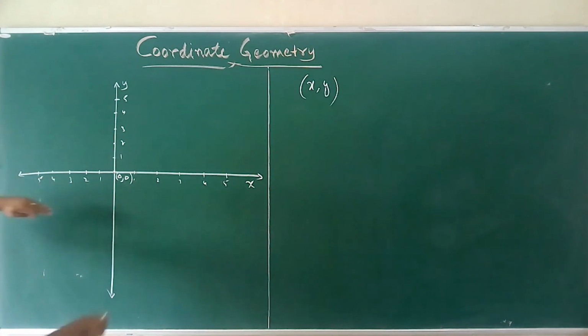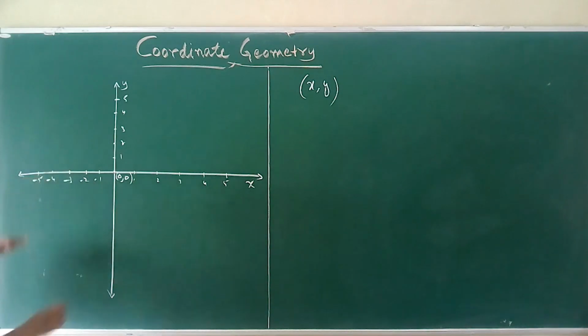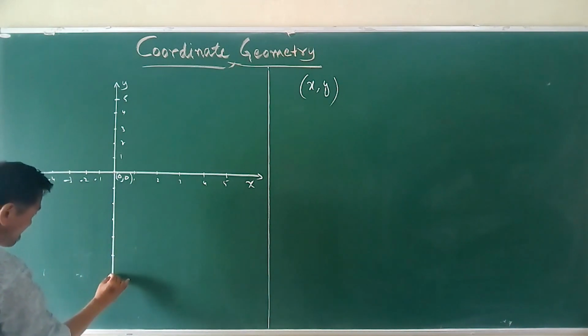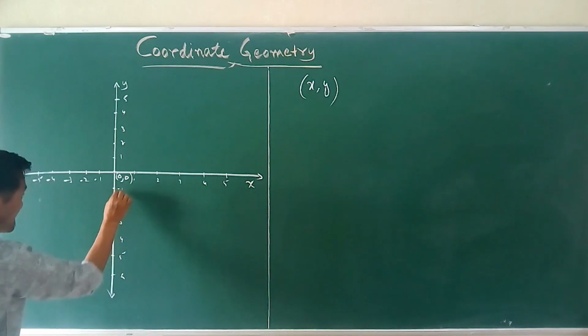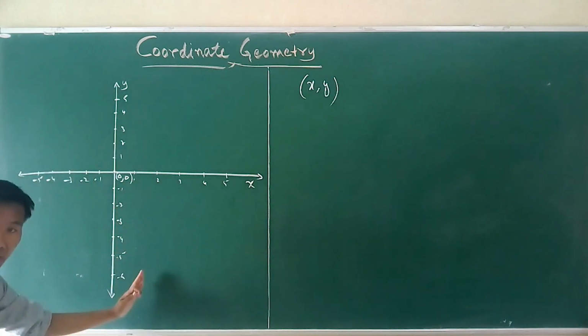On the other side, the x values are negative: 1, 2, 3, 4, 5, 6. And the y-axis below is negative.